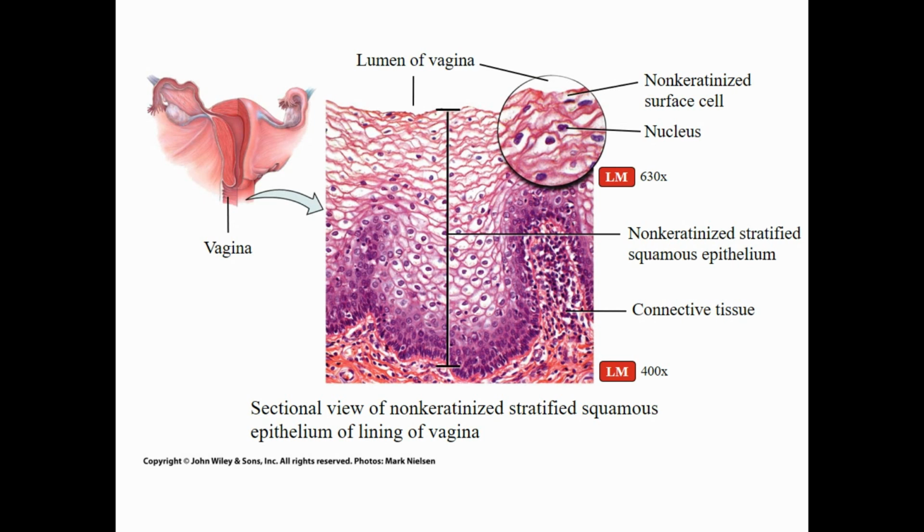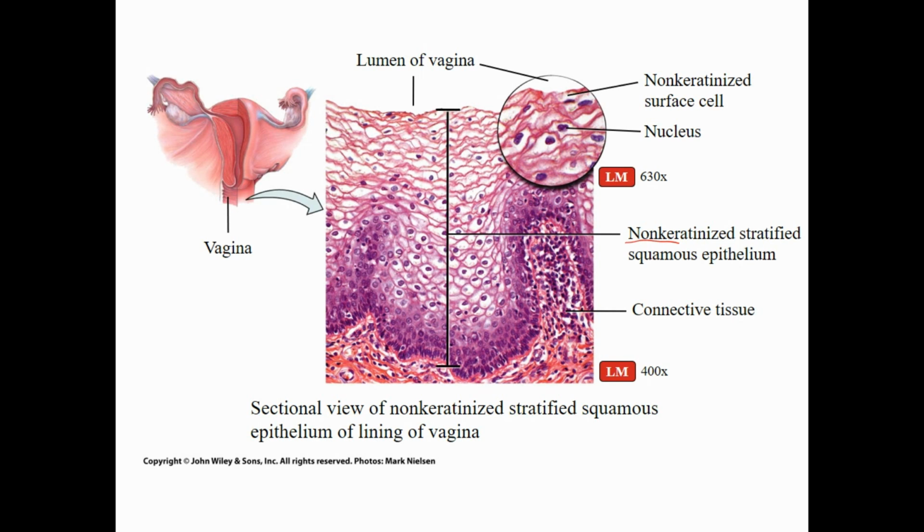All right, moving on, we see this is one of the differences between stratified squamous of your skin and other areas of the body. This is non-keratinized, meaning it doesn't contain keratin. Keratin is the waterproofing agent of your skin and is ultimately what causes the outer layer of your skin cells to die.